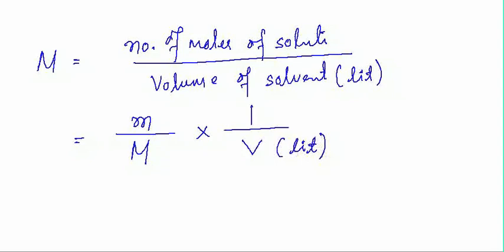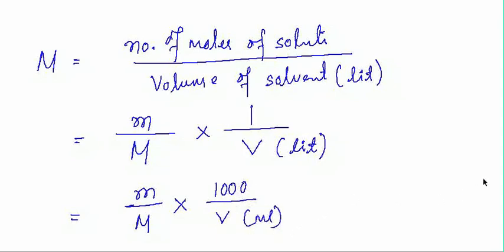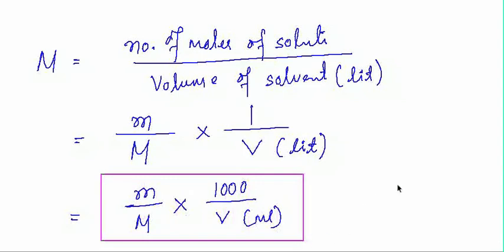In those cases, one way is to convert the volume to liters and plug in the values in this formula, or there is another way. If you have the volume in ml or centimeter cube, you can multiply 1000 on top and use volume in ml. So this is also one of the working formulas that we can use.